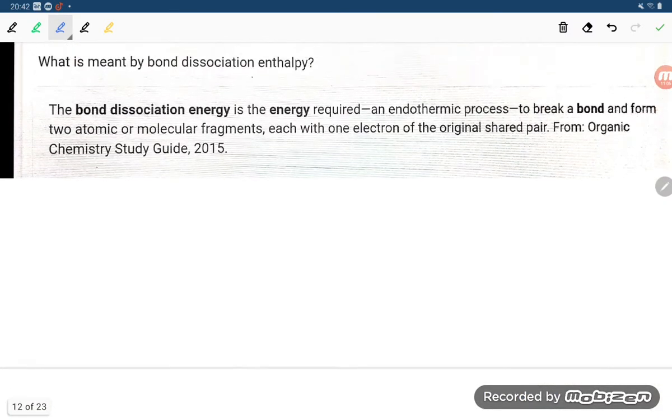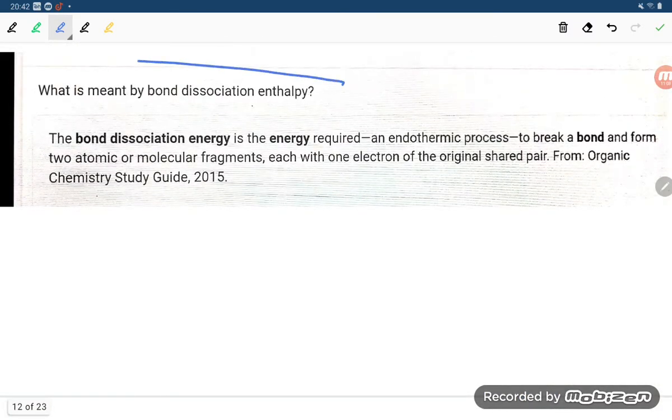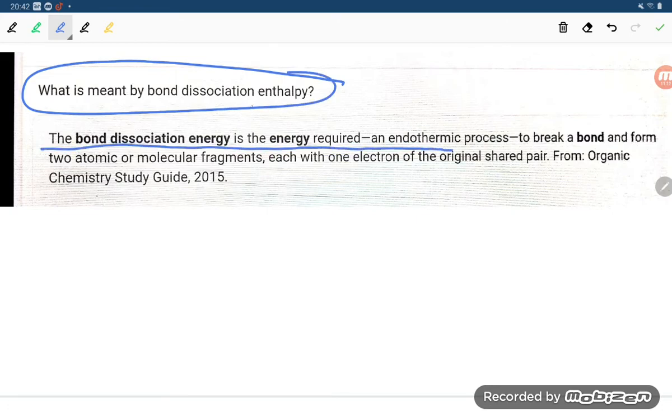Now let us move to another slide. What is meant by bond dissociation enthalpy? The bond dissociation energy is the energy required, an endothermic process, to break a bond and form two atomic or molecular fragments, each with one electron of the original shared pair.